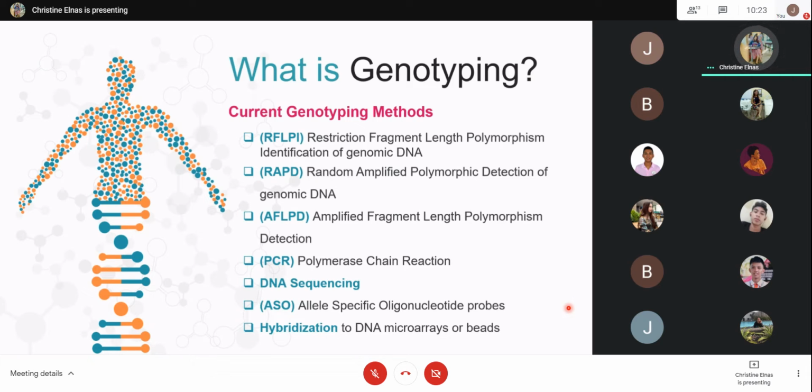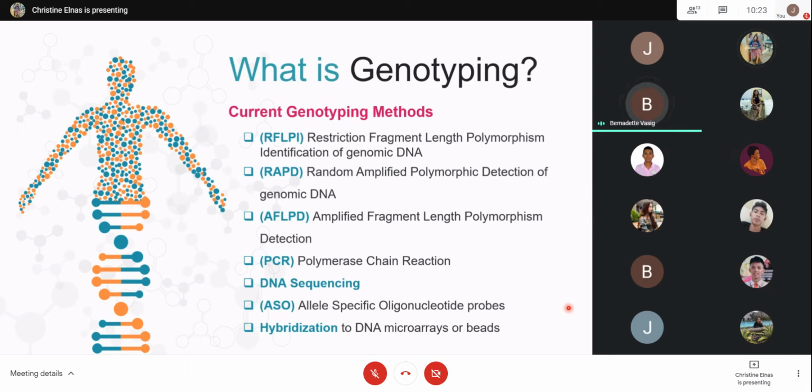Yes, current genotyping methods. Okay, let me interrupt. Sorry, ma'am. Genotyping is actually one of the results of the different methods used, except for CRISPR-Cas9. For example, NGS, HTS, and DNA microarrays, also known as DNA microchip, can be used in order to detect genetic polymorphism among individuals of the same species.